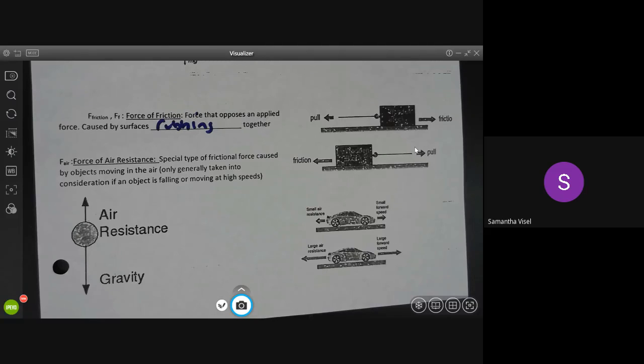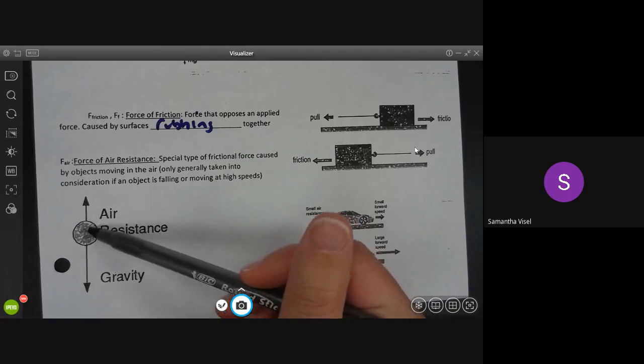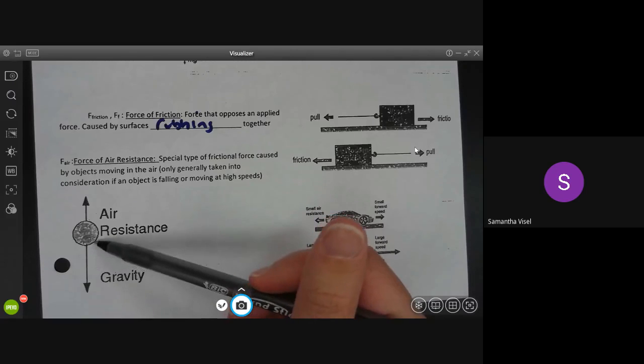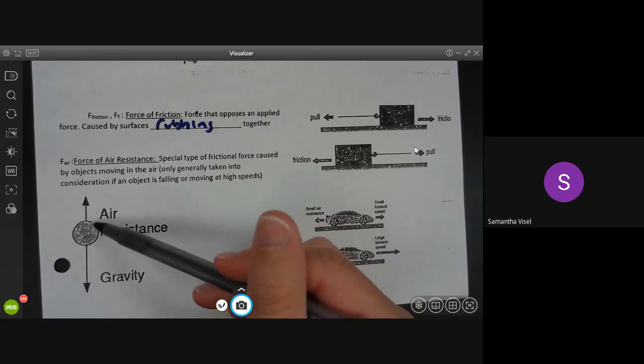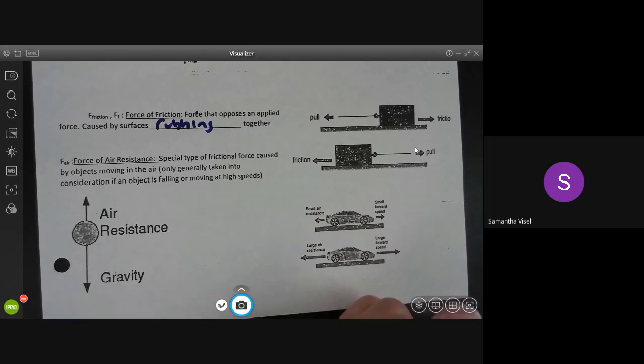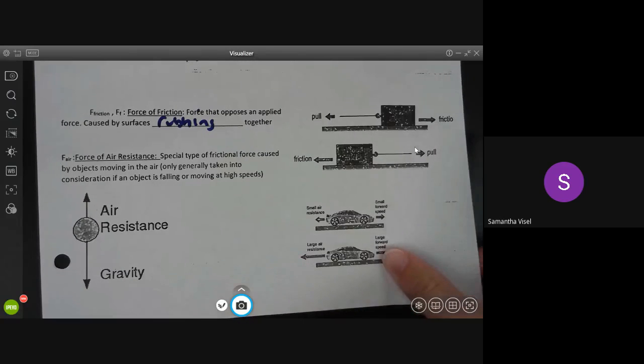So as it falls, that object is going to experience a little bit of frictional force caused by the air that's present, that's going to have it slow down. And that's always going to oppose the motion of gravity. So it's going to be in the opposite direction.